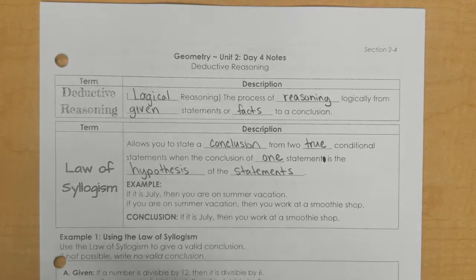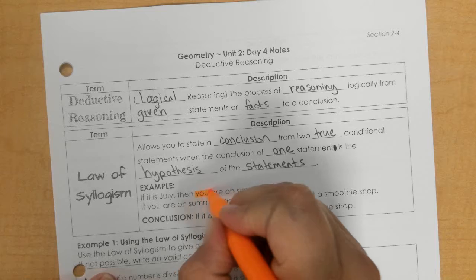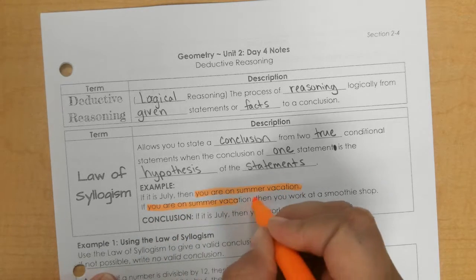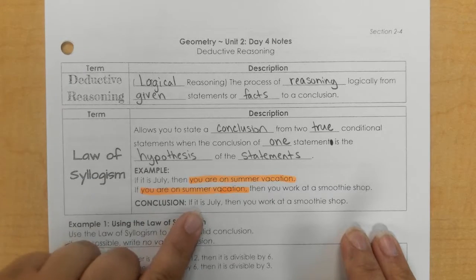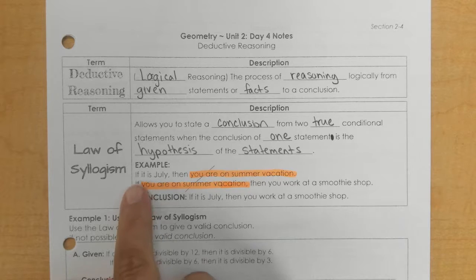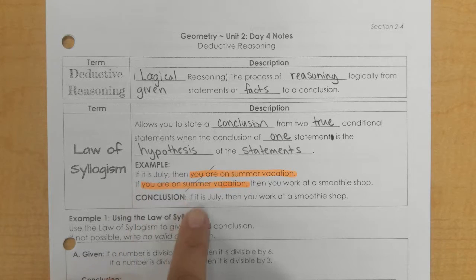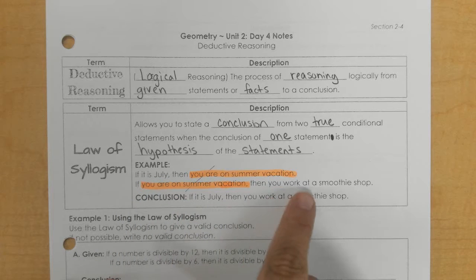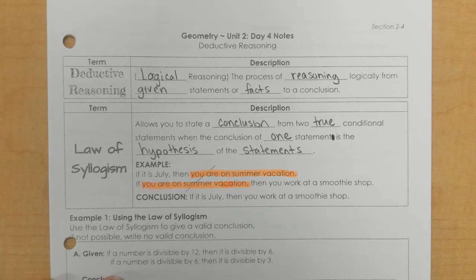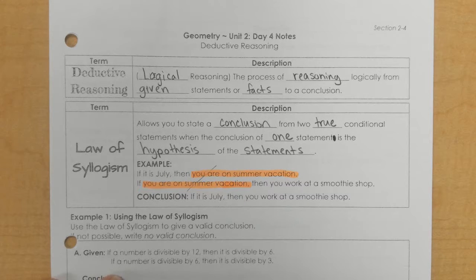So if you notice, the then and the if are the same thing, and so they pretty much cancel themselves out, and then you're left with, if it is July, then you work at a smoothie shop. That's the conclusion that can be made from this example.